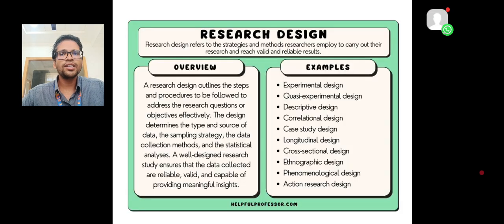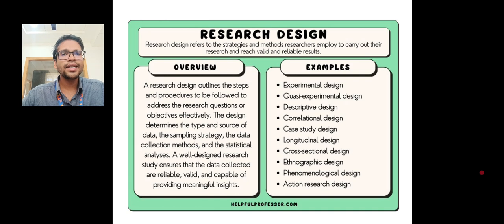Then next we discuss research design. First of all, we need to know what is meant by research design. It refers to the strategies and methods researchers employ to carry out the research and reach valid and reliable results. It is an overview of the research. The research design outlines the steps and procedures to be followed to address the research questions or objectives effectively.